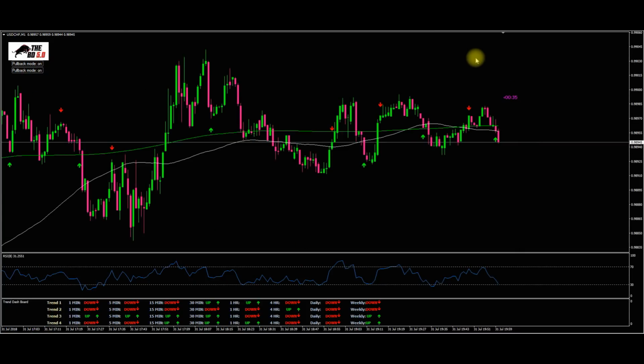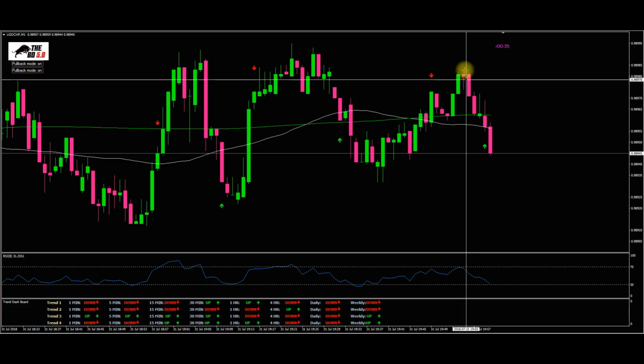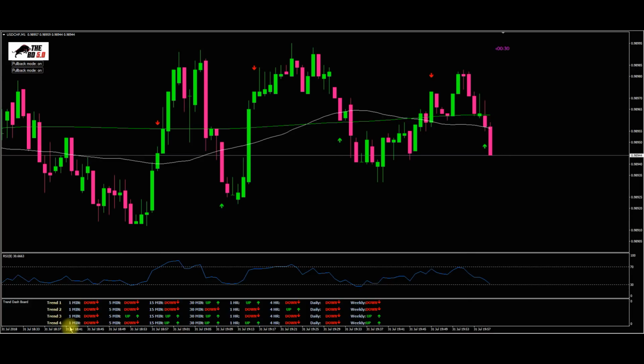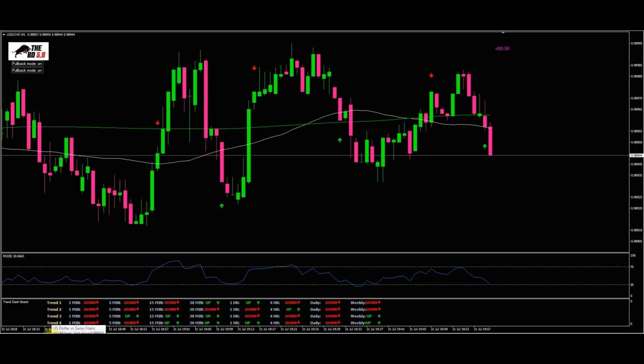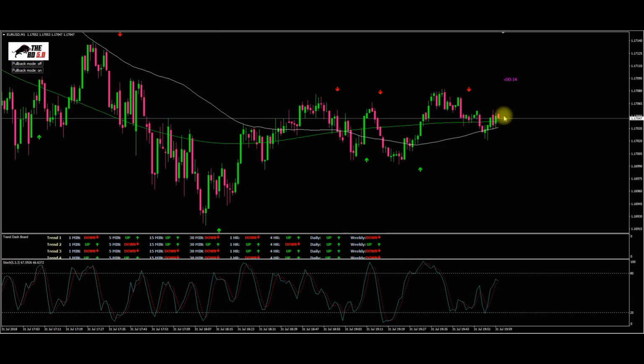You see how USD CHF is going down, okay? Euro USD will work opposite. It will start heading up. Again, that's a top tip if you're trading binary, is to get an idea of how pairs correlate. So you will find pairs will work in opposite one another. USD CHF will go down and Euro USD will go up.